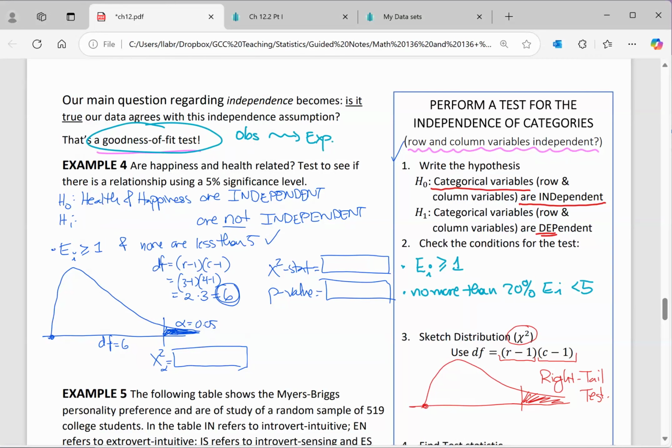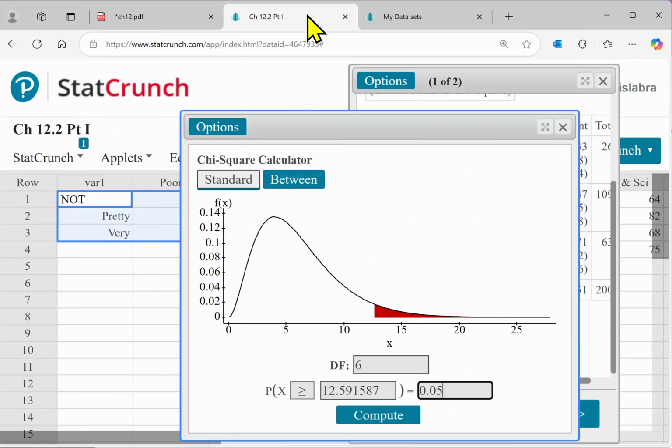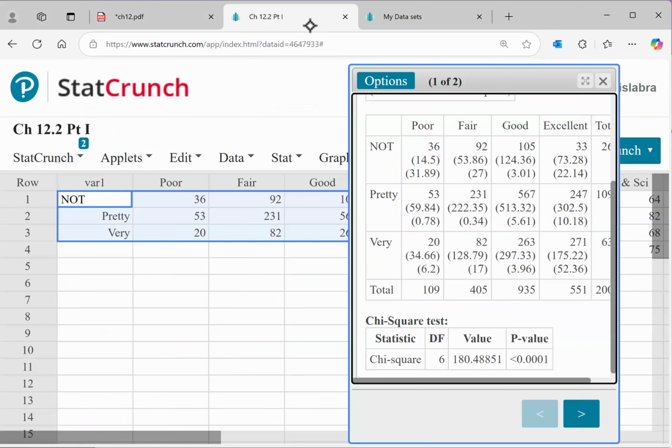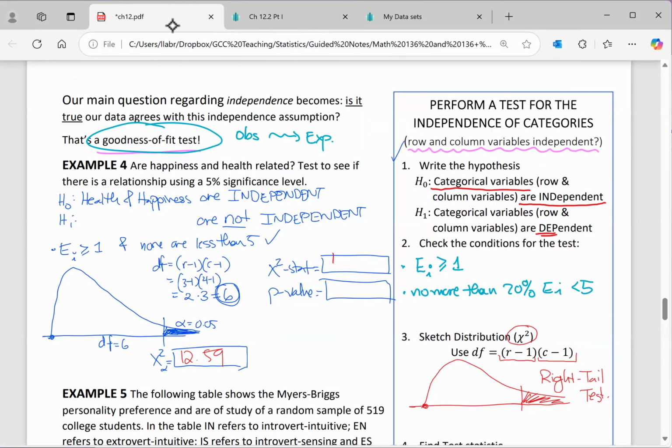All right, so let's fill everything in. My critical value is 12.59. My chi-square stat and p-value, those we've already observed: 180 and less than 0.0001.